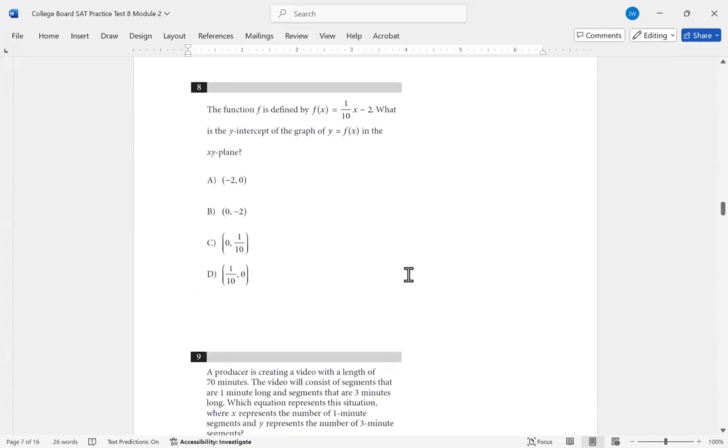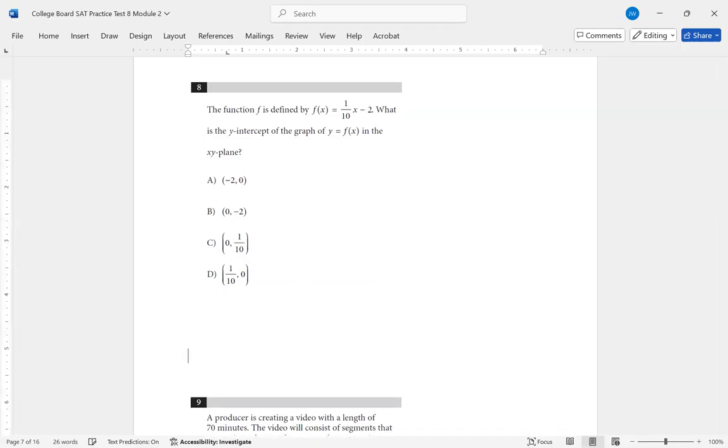Question 8. The function f is defined by f of x is equal to 1/10 x minus 2. What is the y-intercept of the graph y equals f of x in the xy plane? So the y-intercept happens when x is equal to 0.